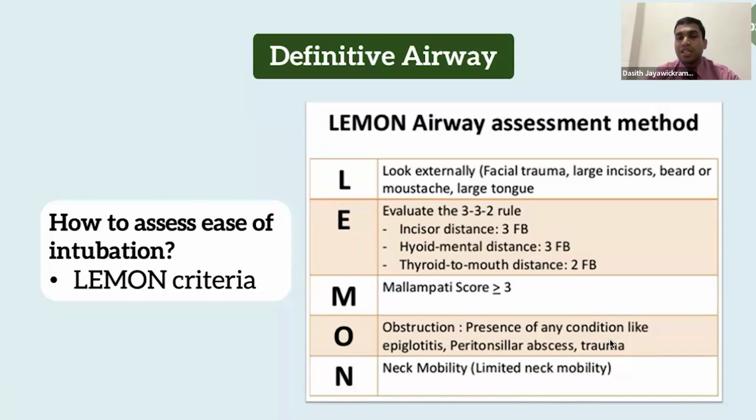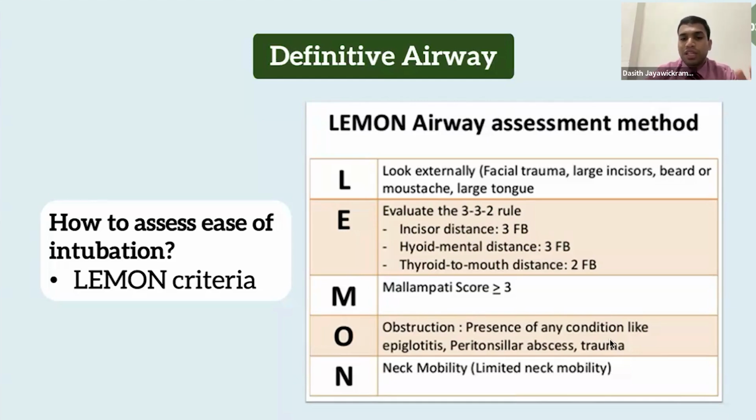Large incisors, the teeth, for example like a rabbit, the teeth are very large, so it's difficult for us to maneuver the laryngoscope and visualize the vocal cords. Large beard, large mustache, large tongue. These are all features that will indicate that intubation might be difficult in this patient.